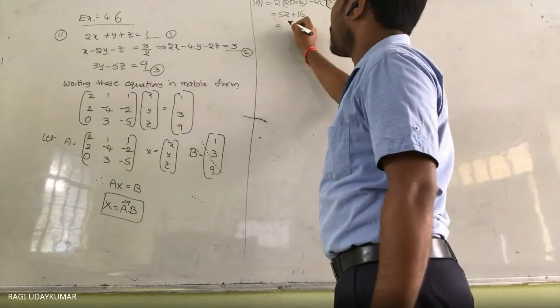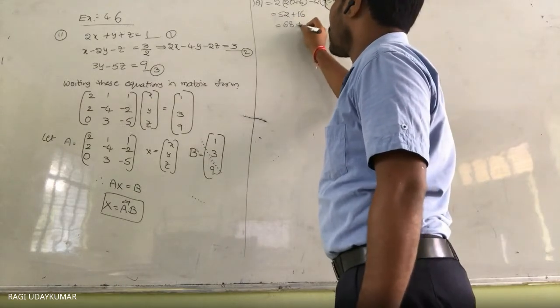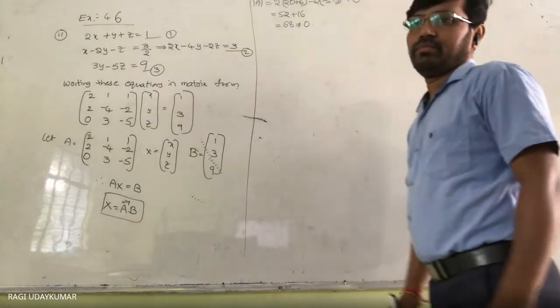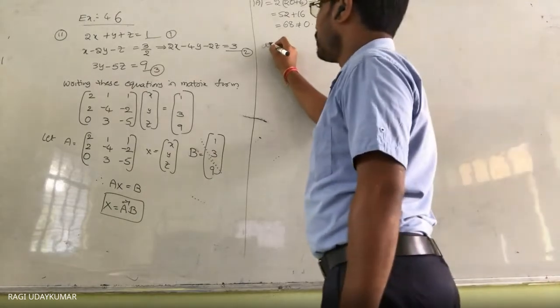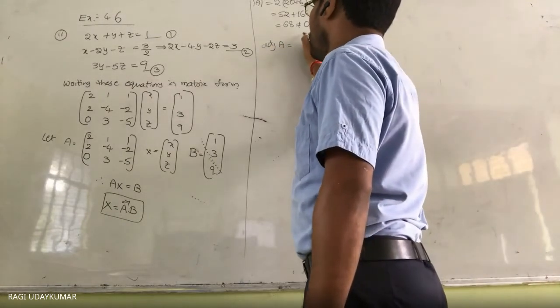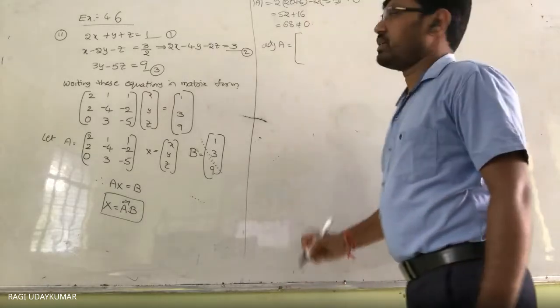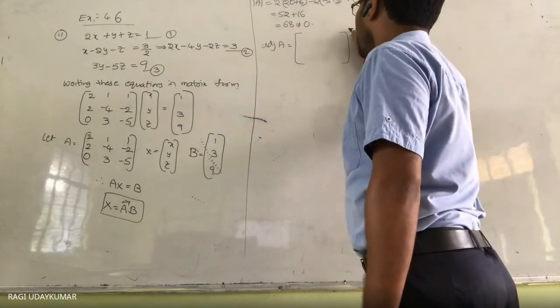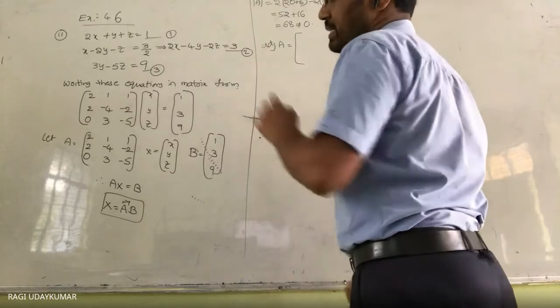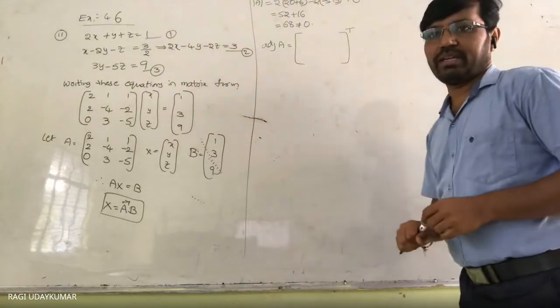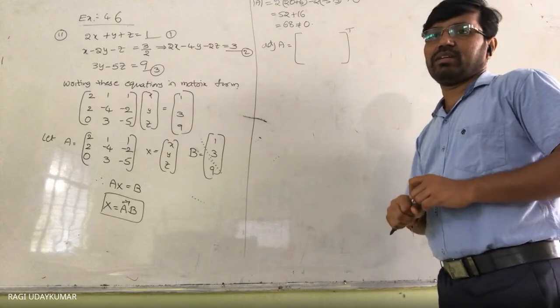We are going to get 68, which is not equal to 0. So adjoint of A is equal to the transpose of the matrix of cofactors. Whatever the matrix A is, find its transpose. Find the adjoint of A.